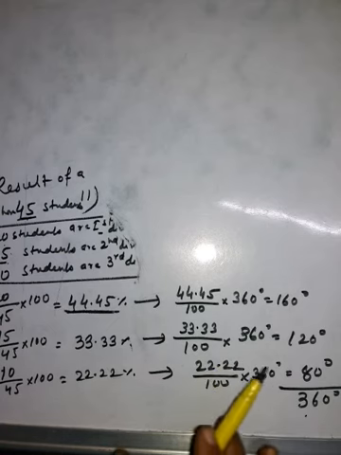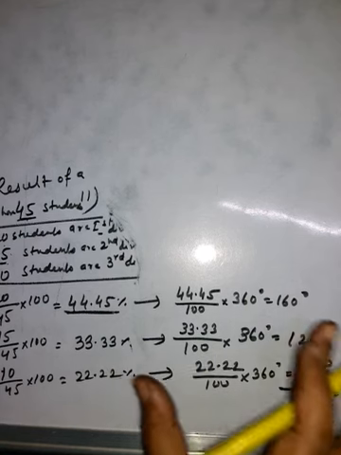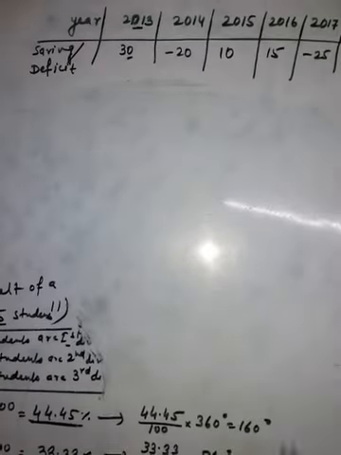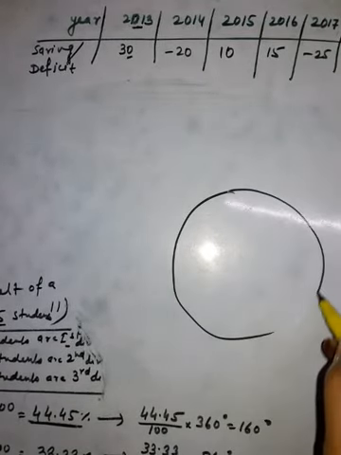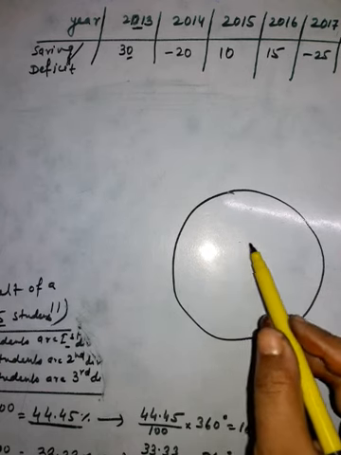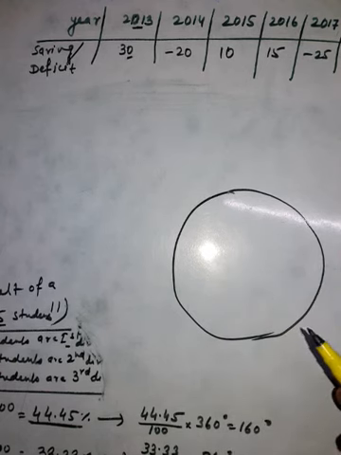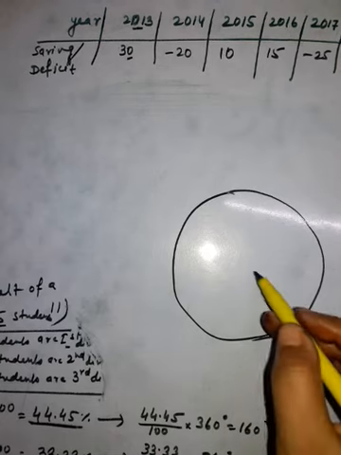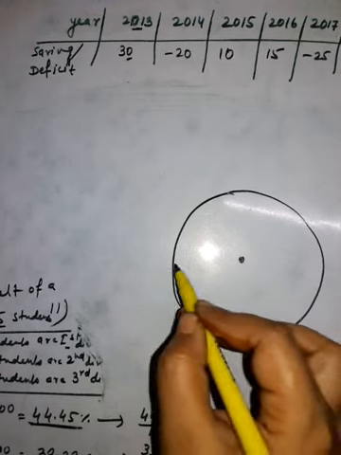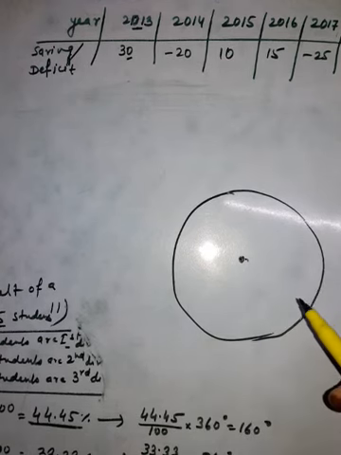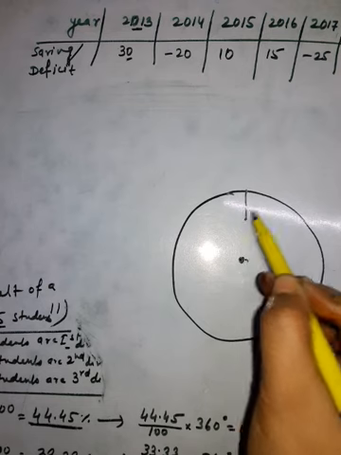So we have the data, we convert it into percentage, then we convert it into degrees. Now we have to show it in the circular diagram, and we will draw a circle. As I said, we have to do it clockwise. The first thing I will do is start with 160 degrees. I will put a compass here, and suppose that is a 90 degree straight line.